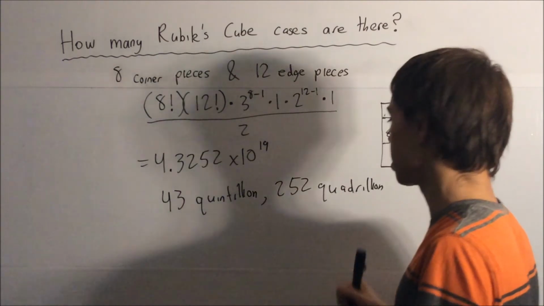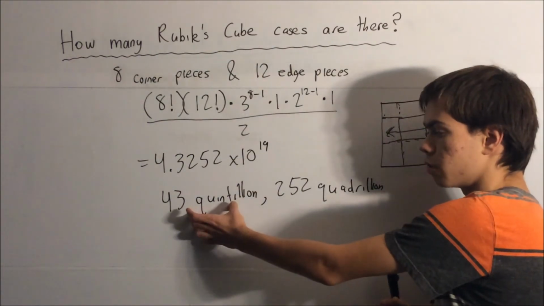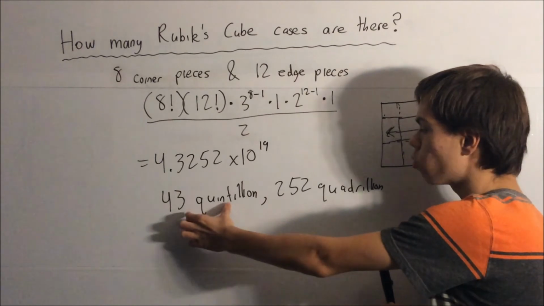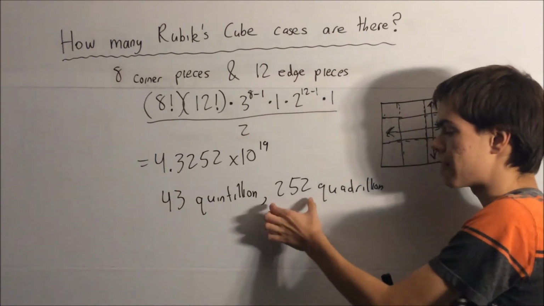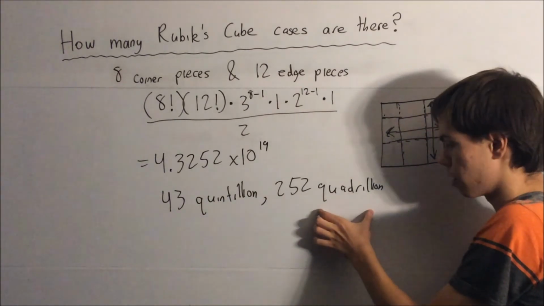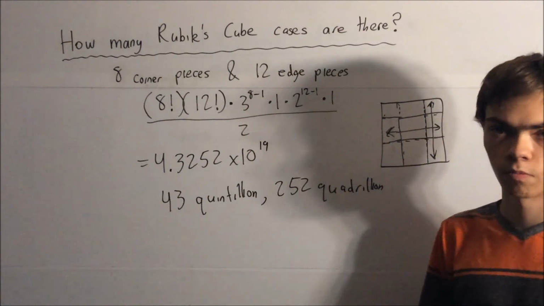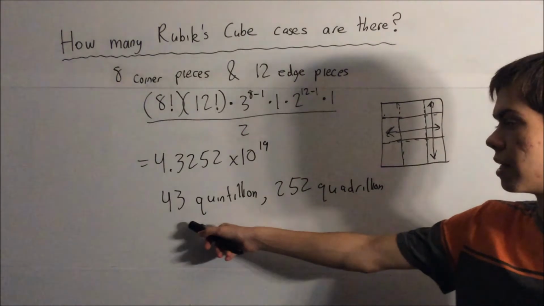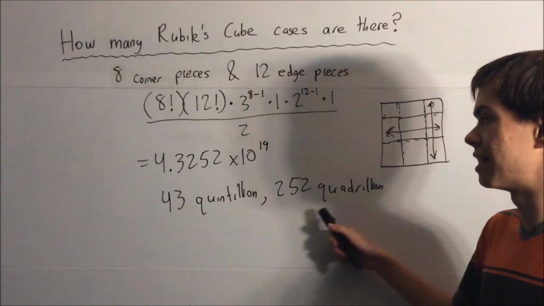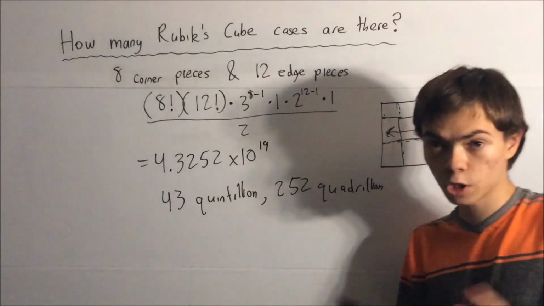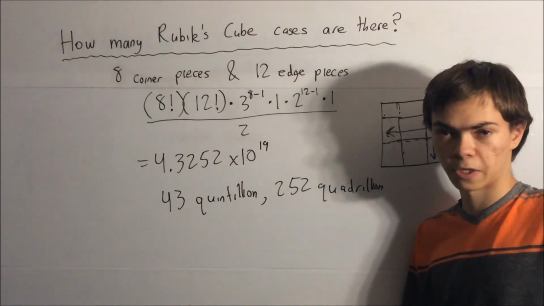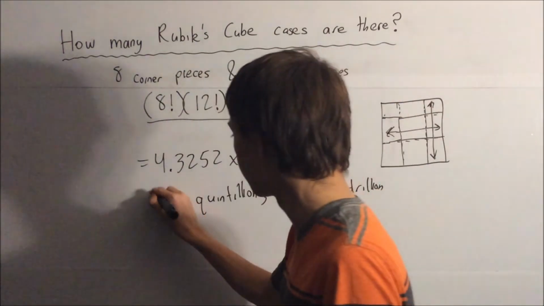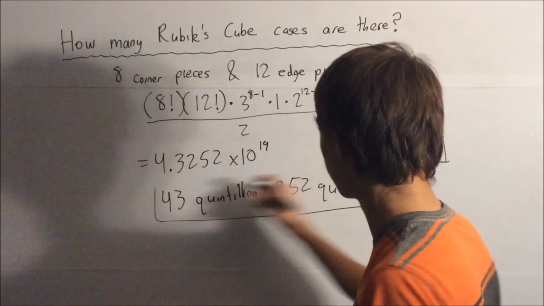And to put this in perspective, one quintillion is 1,000 quadrillion, and 1 quadrillion is 1,000 trillions. This is the number of cases that exist that are solvable for a Rubik's Cube. It's this number of cases.